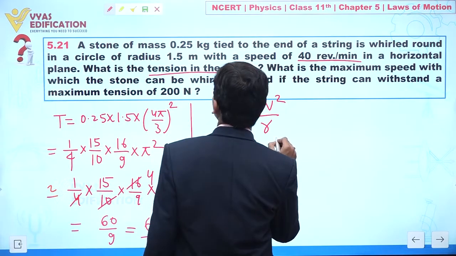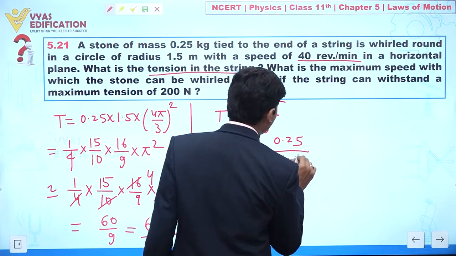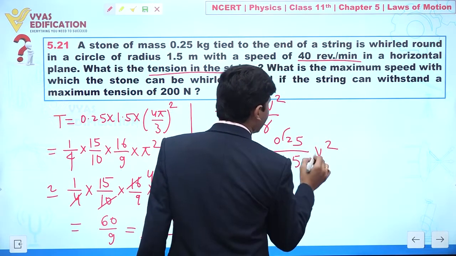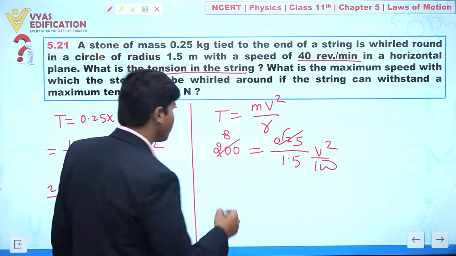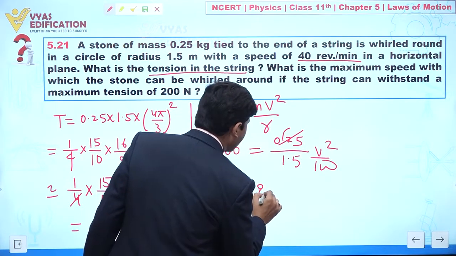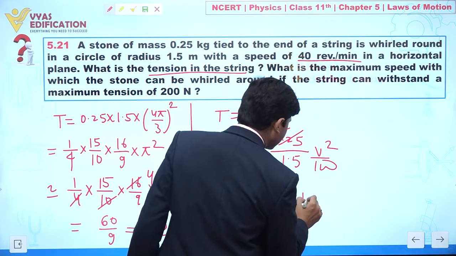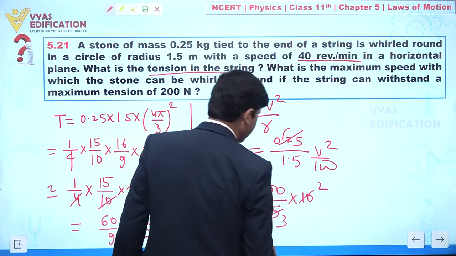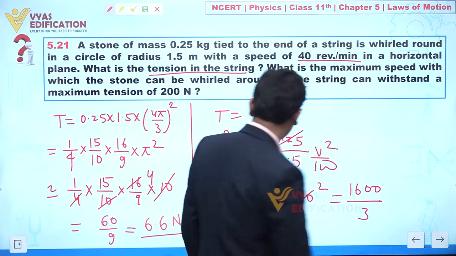I can say m is 0.25, divided by r, r is 1.5, and this one is v square. I can say this is 100, this one is 8, clear. So from here we can write v square equals 800 divided by 1.5. I can say this is 10, this one is 2, this one is 3. So from here we can say this is 1600 divided by 3, clear.